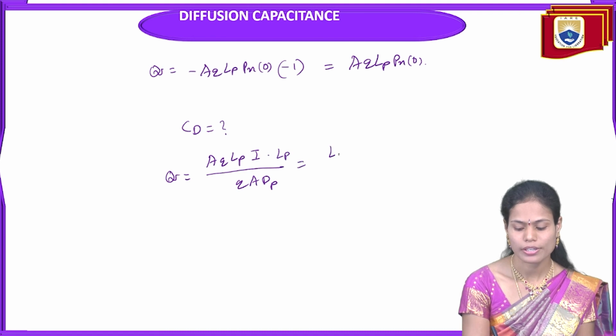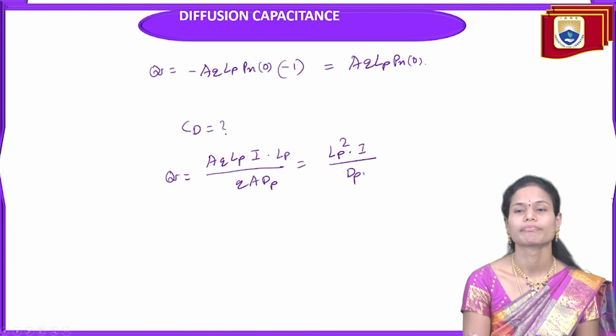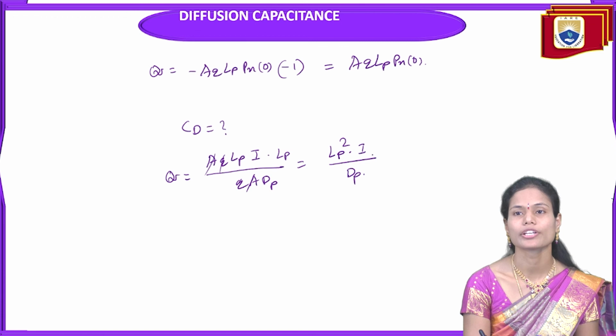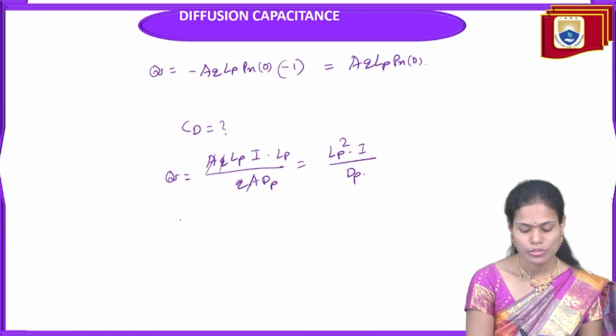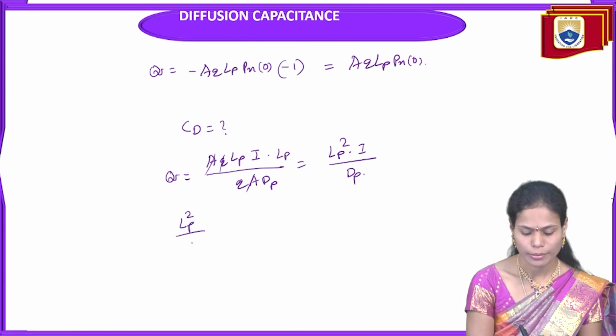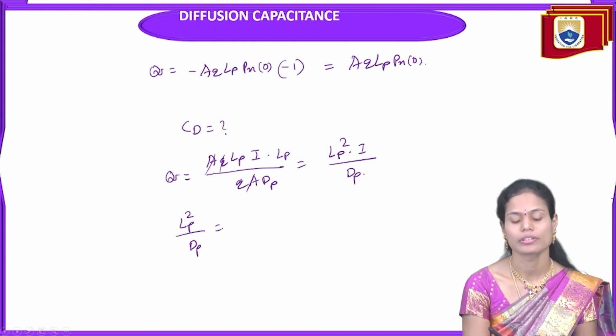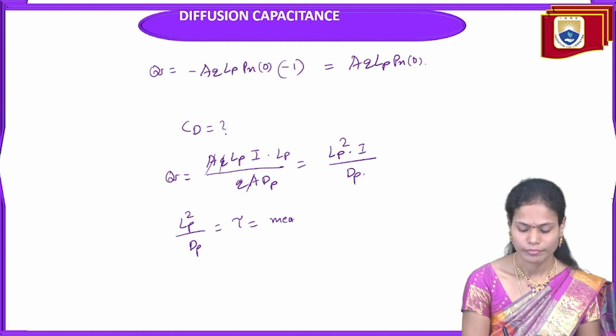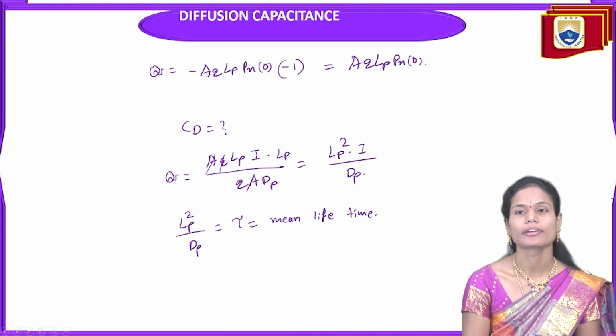So we can write it as Lp square into I by Dp. These both get cancelled. So Lp square by Dp is tau, the mean lifetime of the carrier.